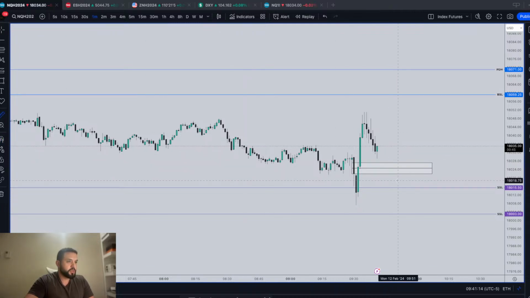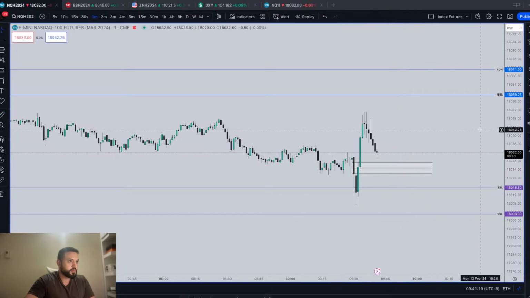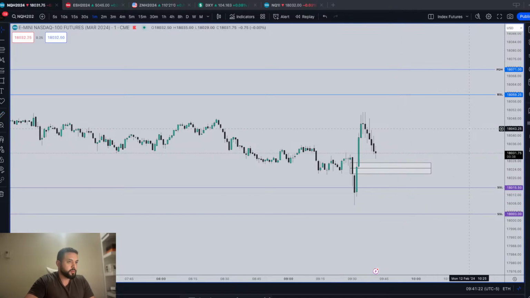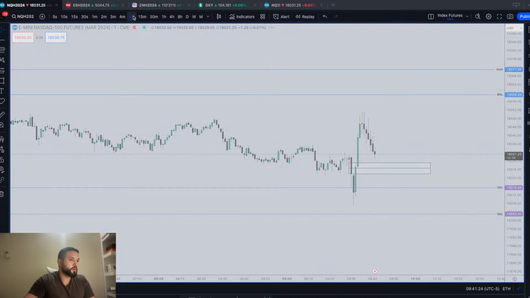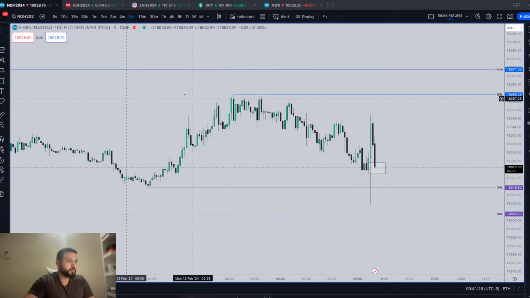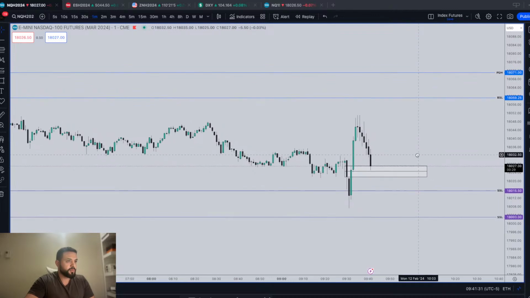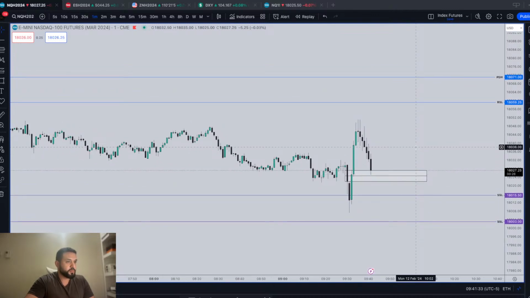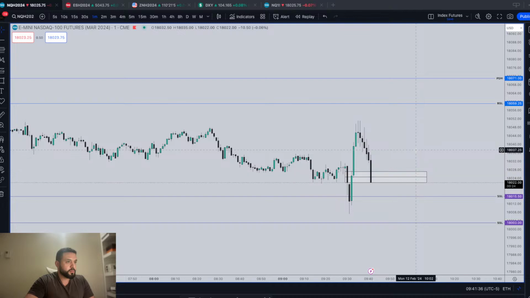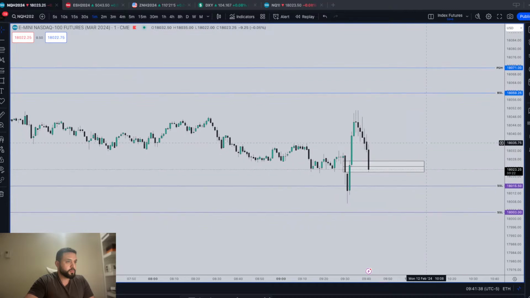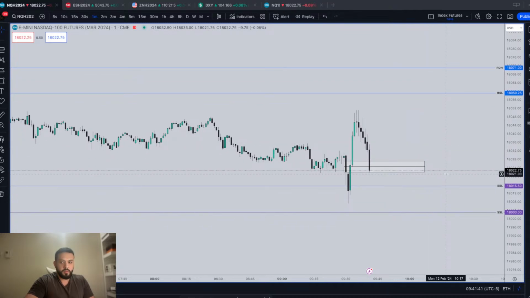So price currently acting as a magnet to these levels. So look at the 5 minute. Yeah, okay. So price has done that. Taking that inversion fair value gap. 18,003 potential.